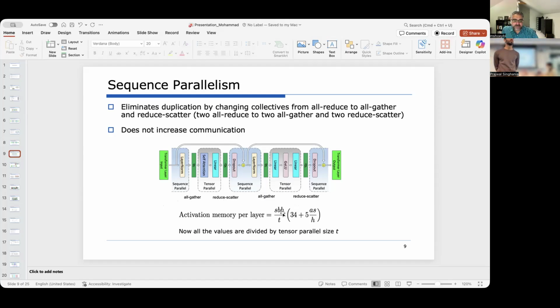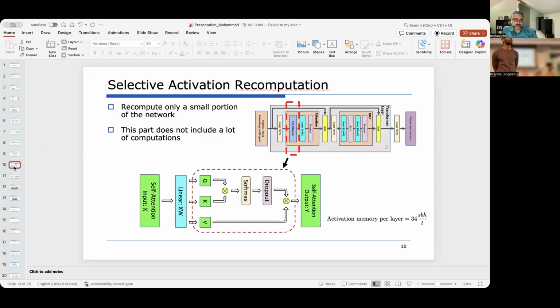And you see what happens here? Before, we had a 10 that was not divided by T. Now it gets lumped in, because we go into the same region of parallelism. As a result, our activation memory actually decreases as we increase the tensor parallelism, which helps us a lot. Again, I'm going to skip this part.